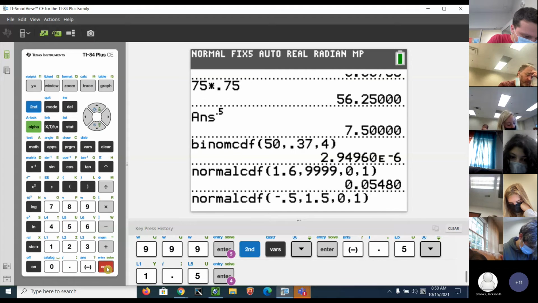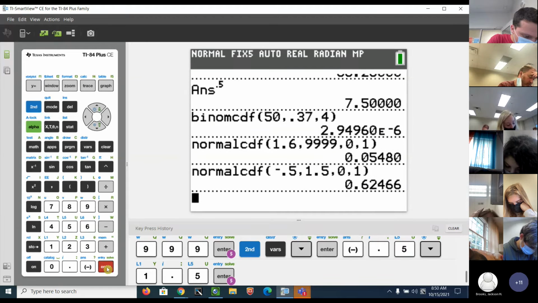And we think it's supposed to be anywhere from 55 to 60%. A little bit off, but that's normal because we're doing the empirical rule versus the actual calculation. The actual calculation is 0.6247.